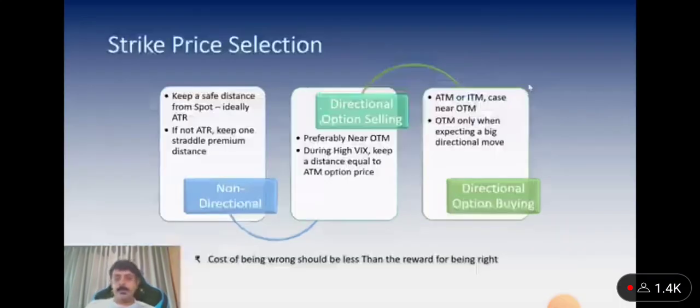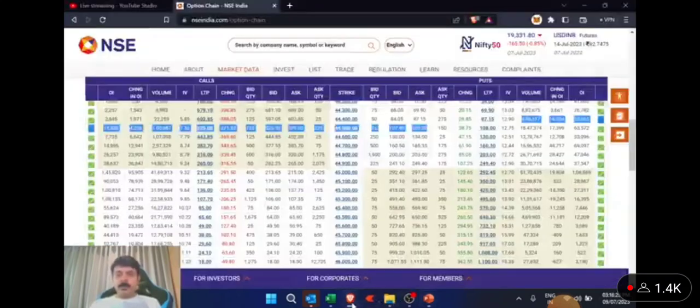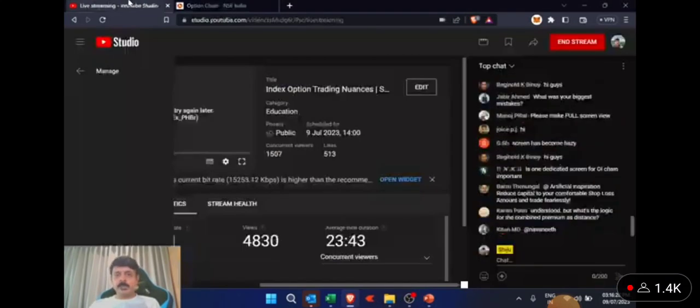But for buying, as long as you're trading in ATM or ITM, most of the time it will be okay. It is not going to trouble you. And OTM, when you're expecting a huge move, and when you're doing scalping trades and small movements, do maximum ITM. That's the only thing I think we need to consider while doing the strike price selection. Selling it is much more important.